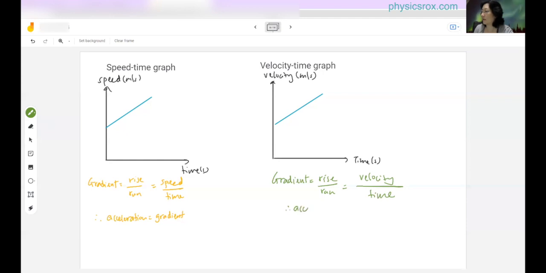So the acceleration is actually the gradient also. In your syllabus, whether it's speed-time or velocity-time, the acceleration is the gradient, because I think there's no scalar option.